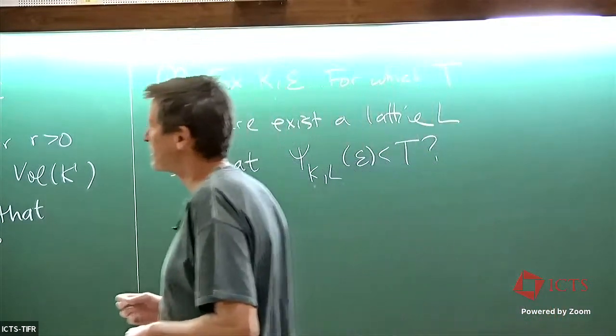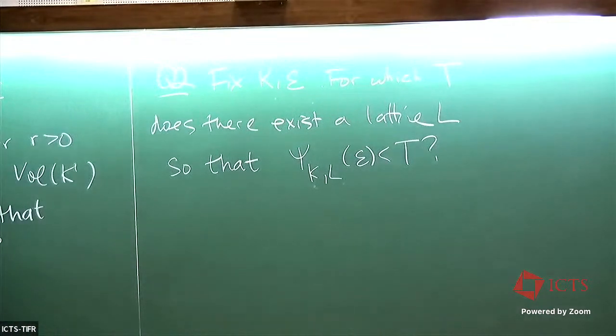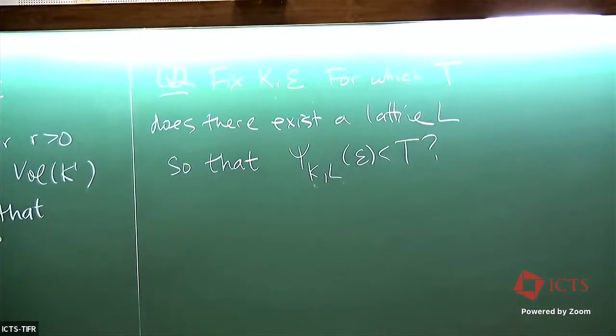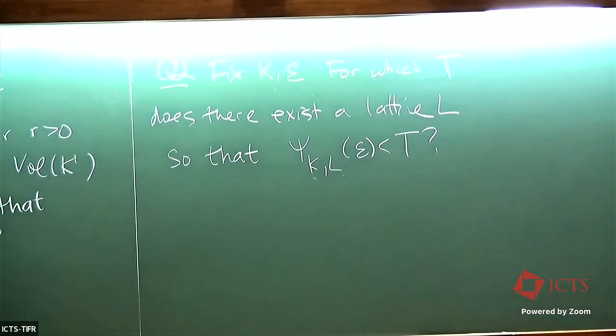Okay, this comes from the computer science literature. In the computer science literature, it's a kind of a cryptography protocol, and they send you a point in Rn, and your goal is to find points in the lattice which are close to this point in Rn.